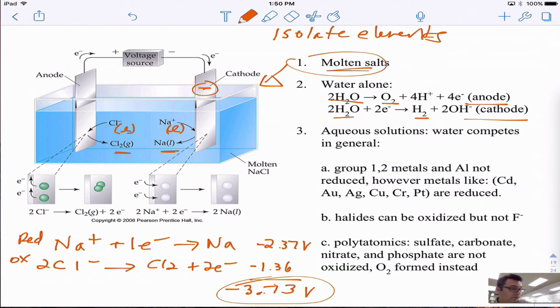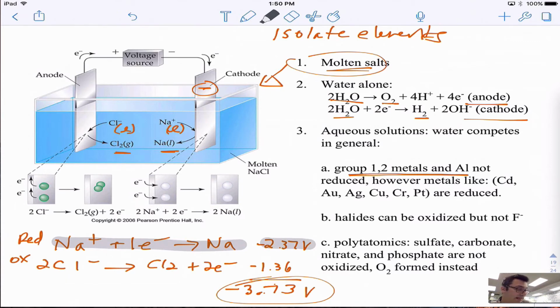Because if I try to do this with sodium chloride, group 1 and 2 metals and aluminum won't be reduced like I showed you with the molten sodium. It just takes too much energy in order to do that.